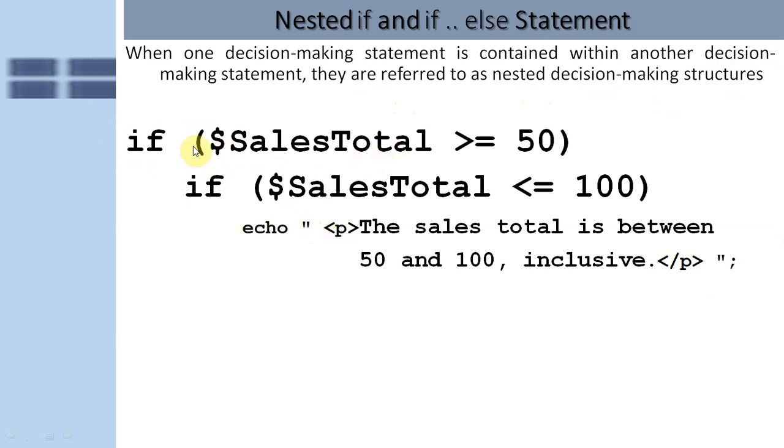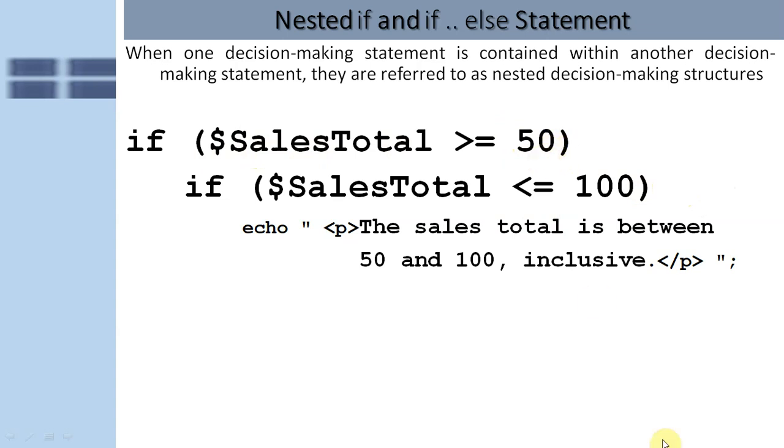We have mentioned here if $sales_total. Sales total is a variable, and the dollar sign is prefixed, so this is a variable. This variable is greater than 50 and less than 100, so it means between 50 and 100. Suppose the value of sales total is between 50 and 100.